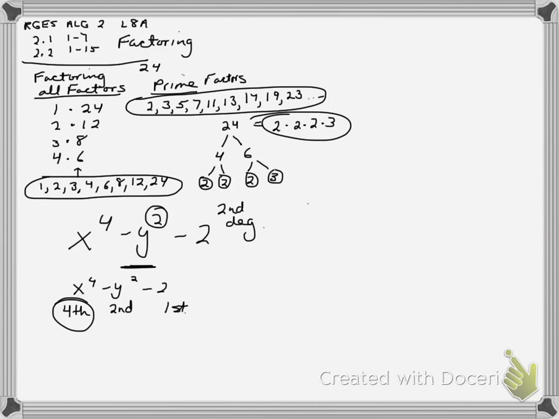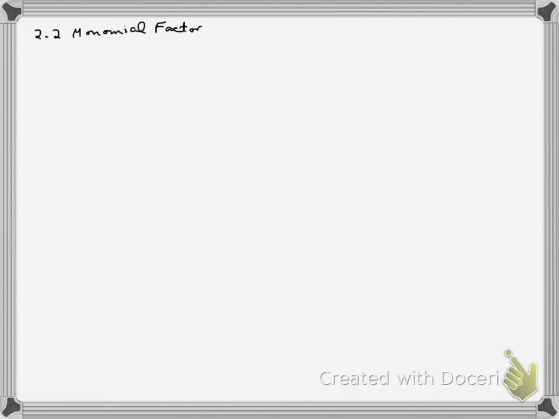Now, monomial factoring. You're asking what is common, so now we've already moved on to 2.2. When we're doing monomial factoring, we're asking for what one term divides evenly into all the terms given. It's almost like thinking distribution in reverse.